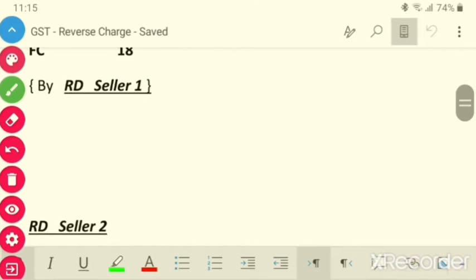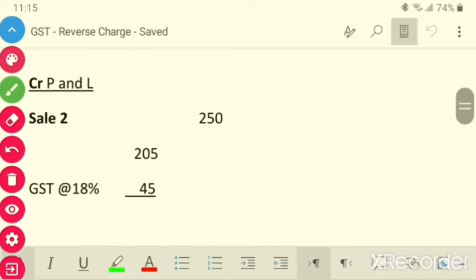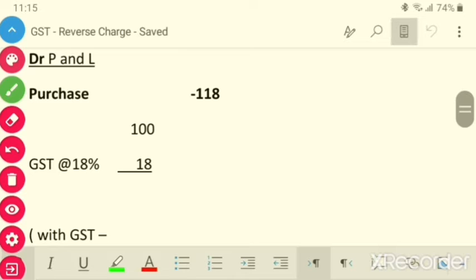Okay. Now, in the P&L account of seller 2, we would have recorded 18% on purchase. For seller 1, it is on sale, and for input credit, we would have debited it to the P&L account, or recorded it in the income statement in seller 2's case.